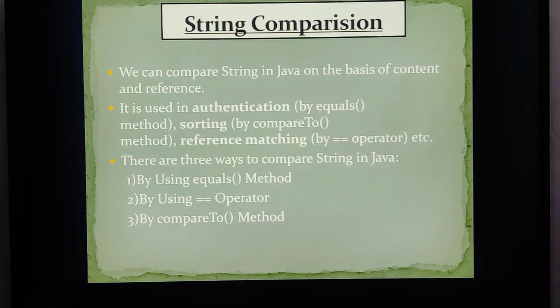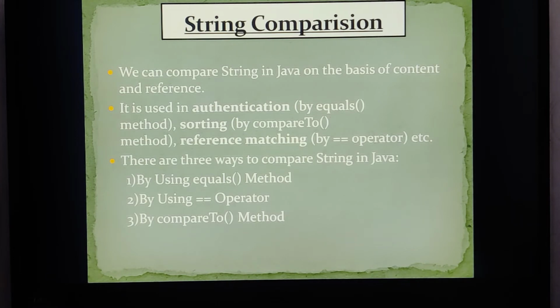Now we will go for string comparison. We can compare strings in Java on the basis of content and reference. It is used in authentication by using the equals method, sorting by the compareTo method, and reference matching by using the double equal to operator. So let's see how the methods work one by one.